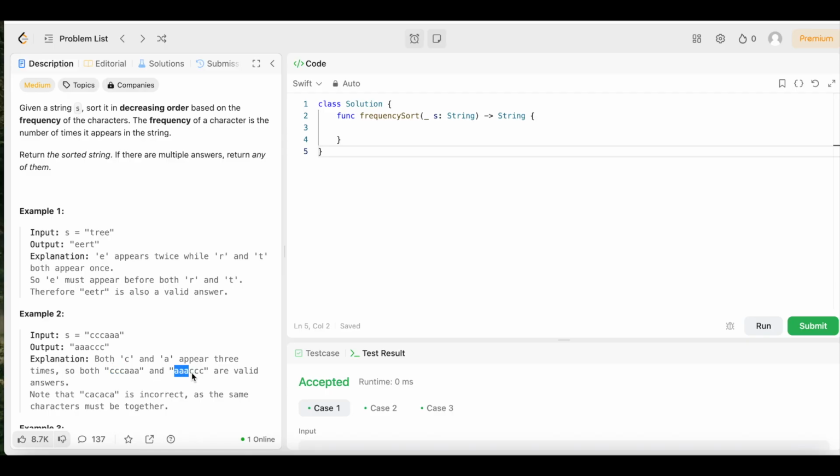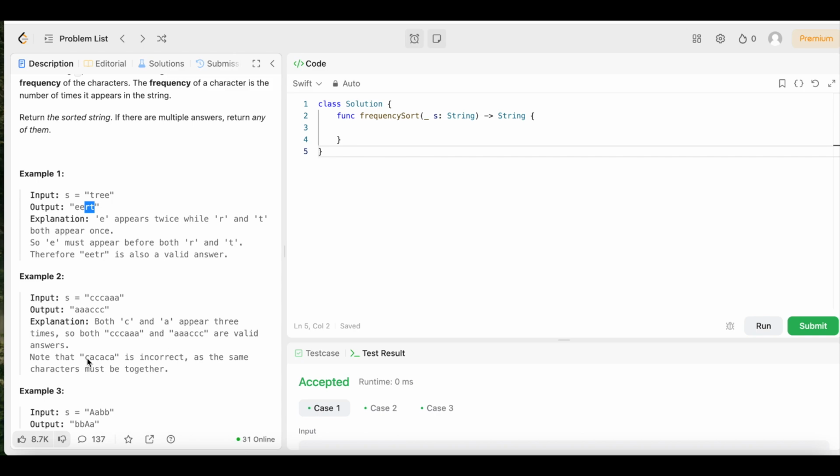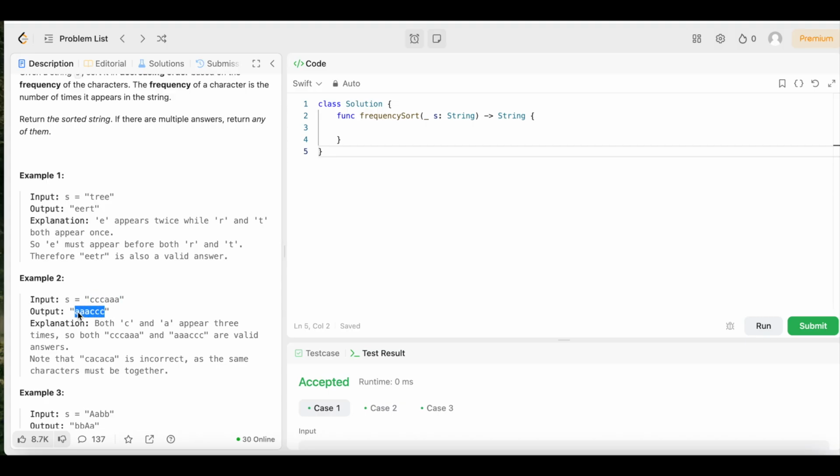It doesn't really matter because they have the same amount of occurrences, similar to how it didn't matter if we put the t r here or the r t here. But it says we can't do "cacaca" because the same characters must be together. So that's the only thing we can't do. But as long as all of the c's are together and all of the a's are together, we can return the string in any order we like.